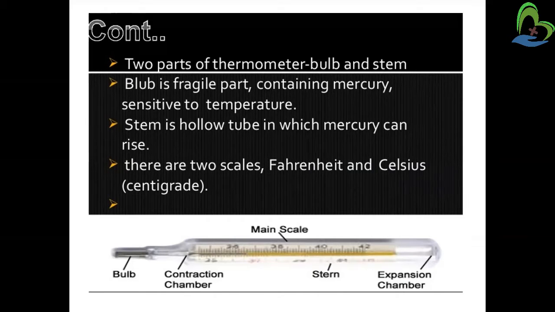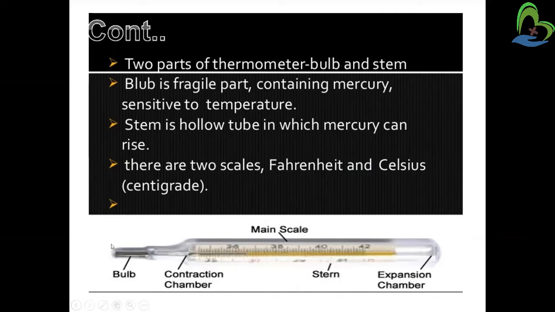Now, there are parts in the thermometer. Here are two parts of the thermometer: the bulb and the stem. The bulb is a very fragile part. Fragile means that it is easily breakable.